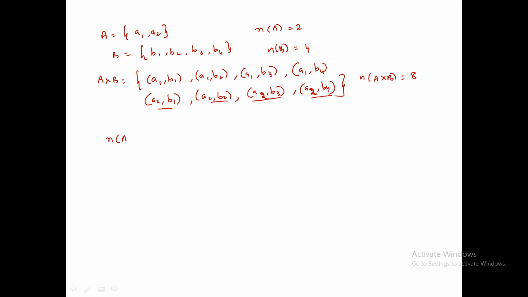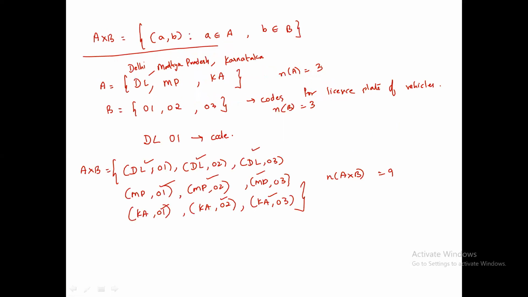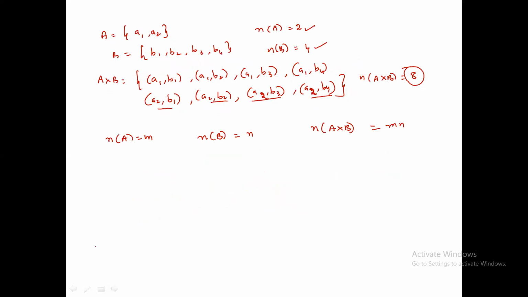If the number of elements in A is M and the number of elements in set B is N, the number of elements in A cross B will be M into N. 2 into 4 is 8; in the previous one, 3 into 3 is 9. This is how we can make a rule.